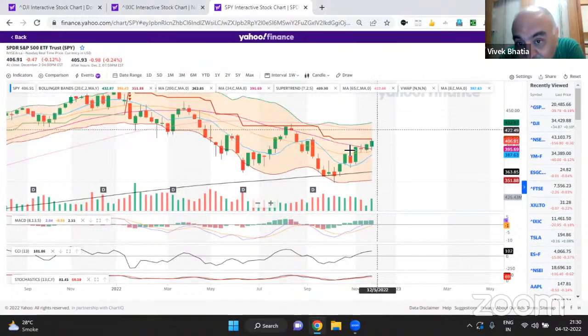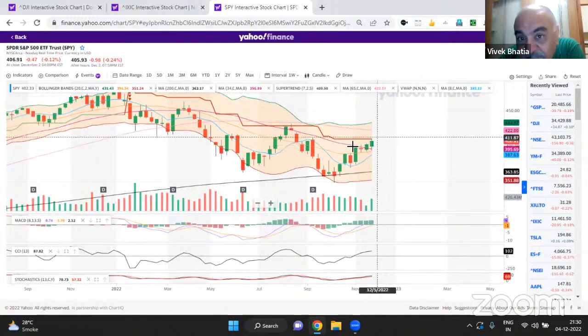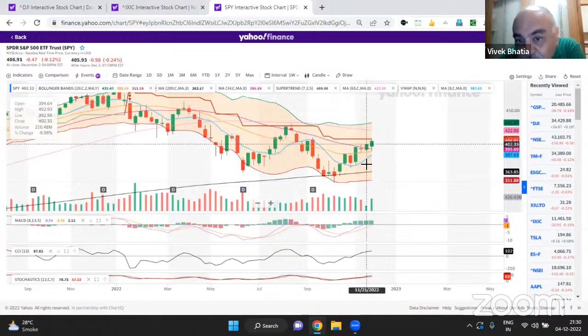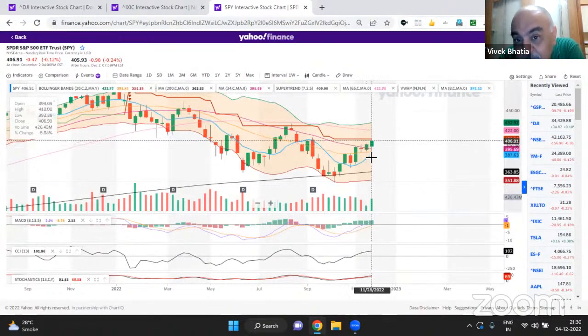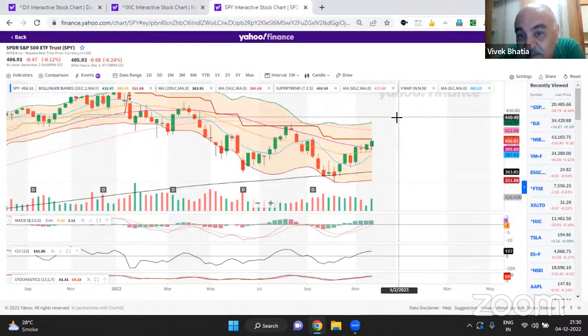Now look at your moving averages here. 8, 20, and 35, 34. How comfortably 8 is moving towards cutting these two moving averages and taking a momentum up.